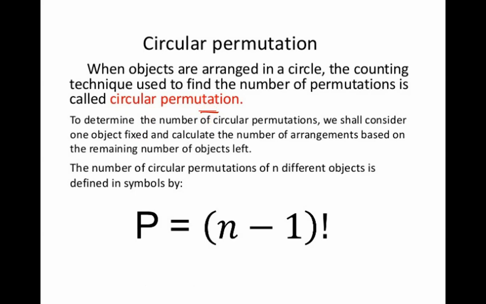What we usually do is we assume one element to be the fixed element and the remaining items can be movable items. So I take one element as fixed element and then I arrange the remaining elements based on this particular fixed element. The number of circular permutations of n different objects is given as n minus 1 factorial. Once again, let's take a couple of examples.